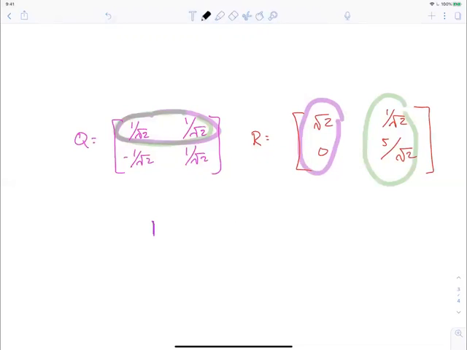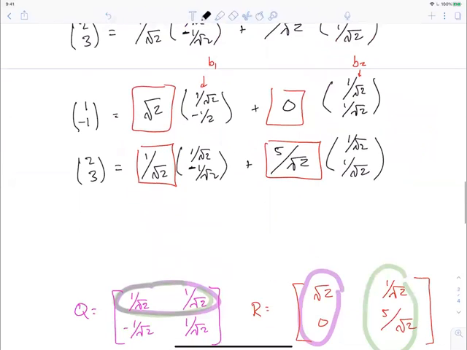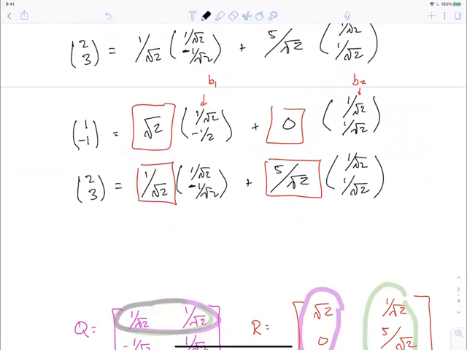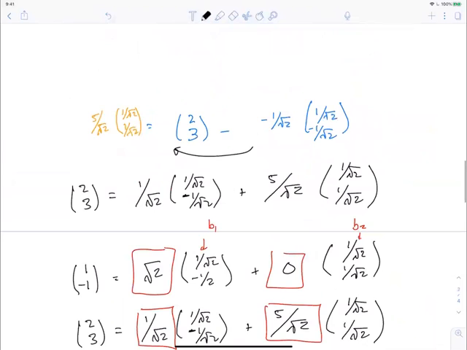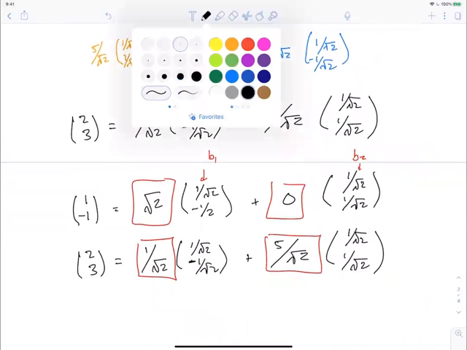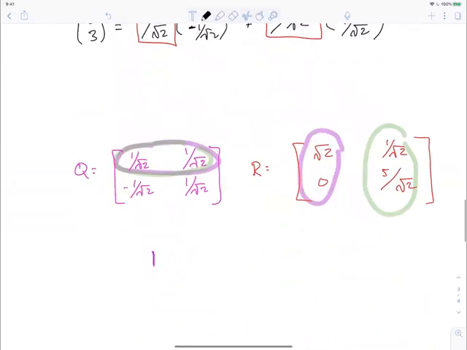We should get 3. We get 2. Oh, this should be a minus. That's why. That's a minus. There's a double minus here, so that should be a minus, which means this should be a minus right here, which gives us a 2 for that one.